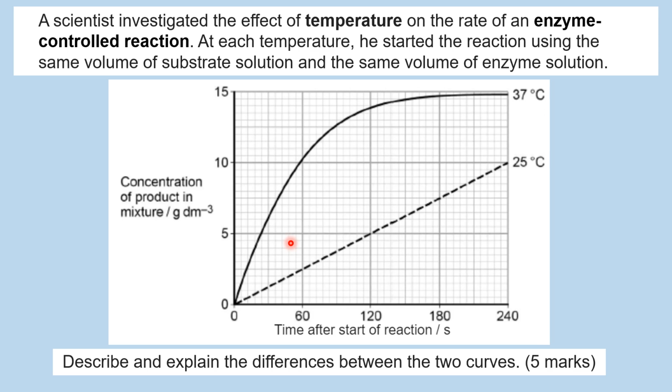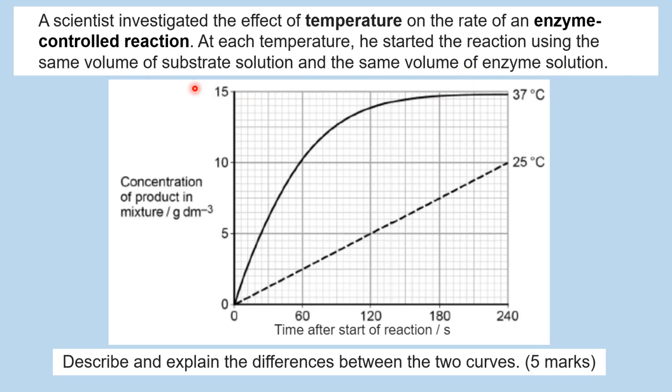It's about temperature. Then have a read of the question. When I'm reading, I'm going to underline and highlight key words. So: a scientist investigated the effect of temperature, underline that, on the rate of an enzyme-controlled reaction. At each temperature, he started the reaction using the same volume of substrate, I'm going to underline that, and the same volume of enzyme solution, underline that.